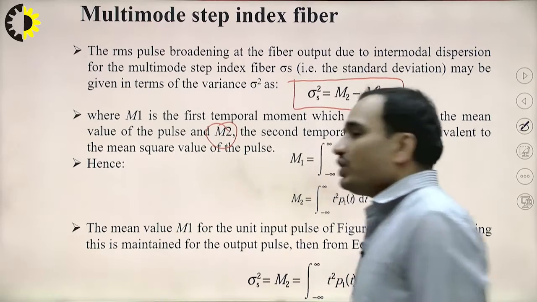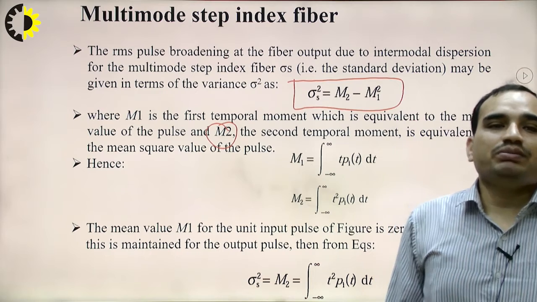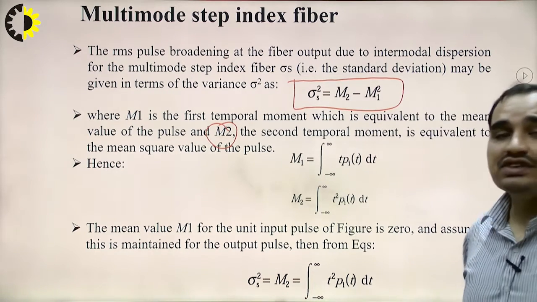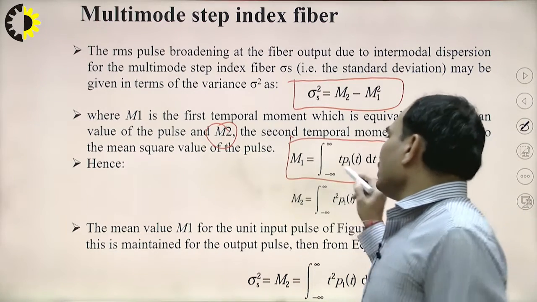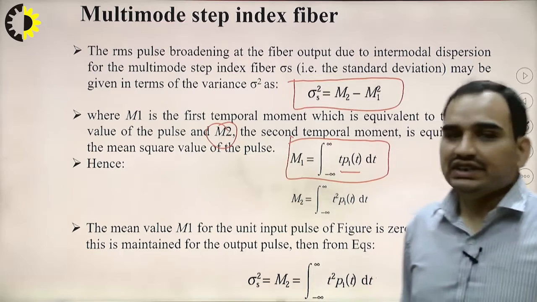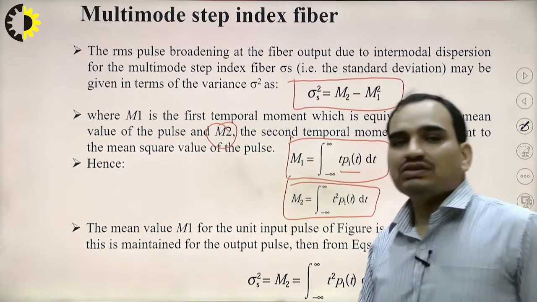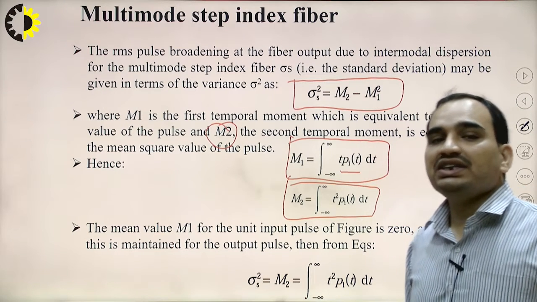The second temporal moment M2 is equivalent to the mean square value of the pulse, given by the integration from minus infinity to infinity of t squared p(t) dt.